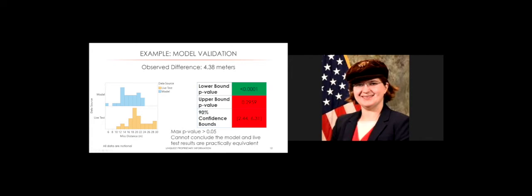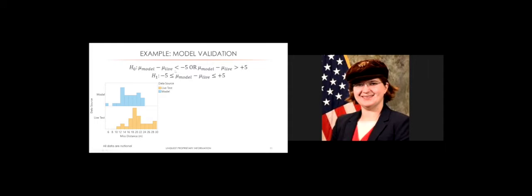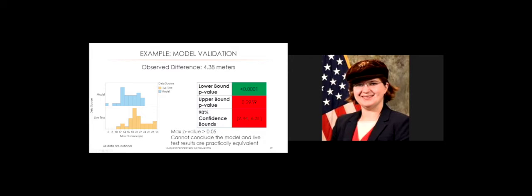So our observed difference is actually about 4.4 meters, which is under our delta, under 5, but now we have to account for noise and all of that. So we do our equivalence test, and we have to do both one-sided tests. Our lower bound p-value is comparing against the -5, is the difference greater than -5? That p-value is very small.